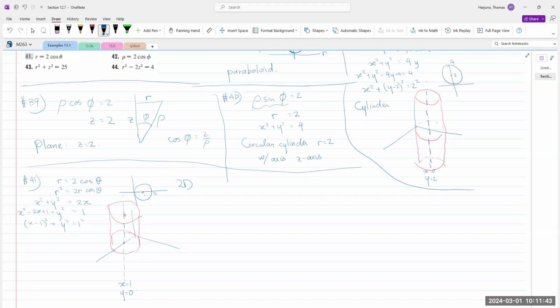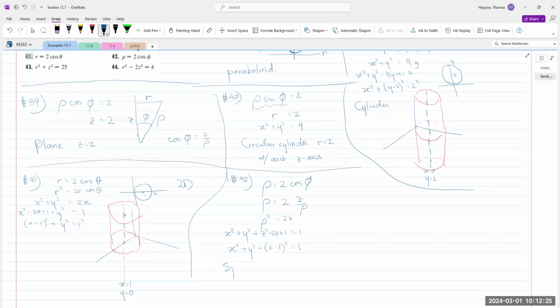That's for number 41. Now, what if we change to number 42, where we have rho equals 2 cosine phi. Now, remember, cosine phi is z over rho, right? In other words, now we have rho squared equals 2z. This must be a sphere with a different center. x squared plus y squared plus z squared minus 2z plus 1 equals 1. So x squared plus y squared plus (z minus 1) squared equals 1.